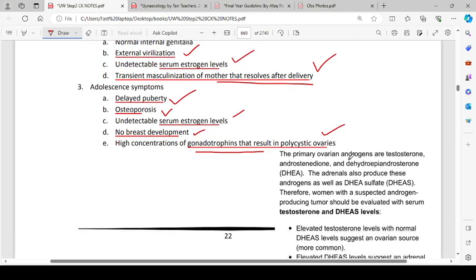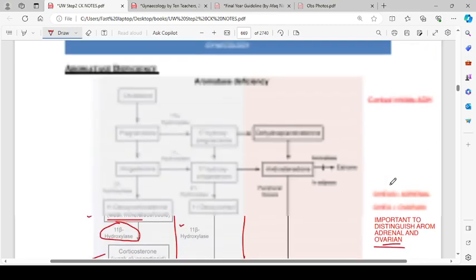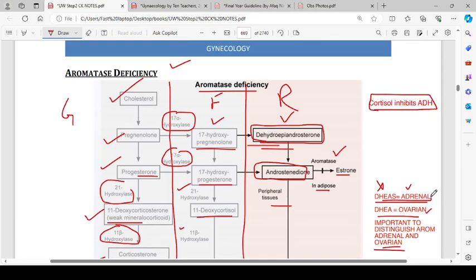The primary ovarian androgens are testosterone, androstenedione, and dehydroepiandrosterone (DHEA). These are ovarian androgens. The adrenals also produce these androgens as well as DHEA sulfate. So if it has a sulfate with it, it is from the adrenals, and if it is just dehydroepiandrosterone, it is ovarian in origin.